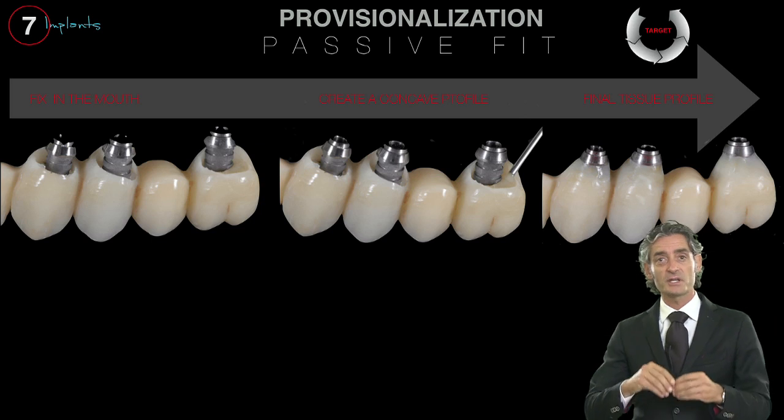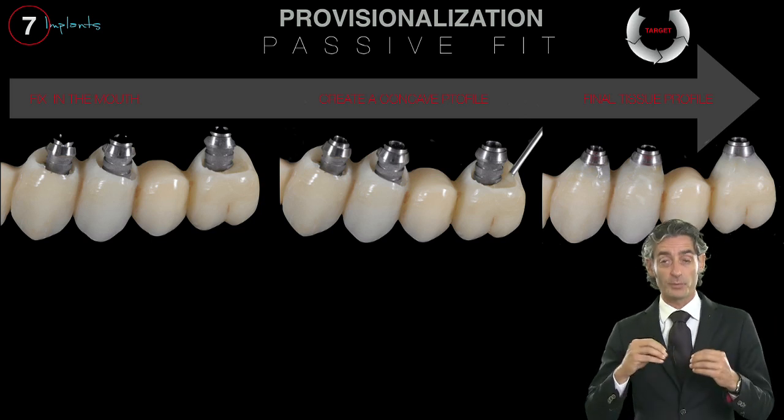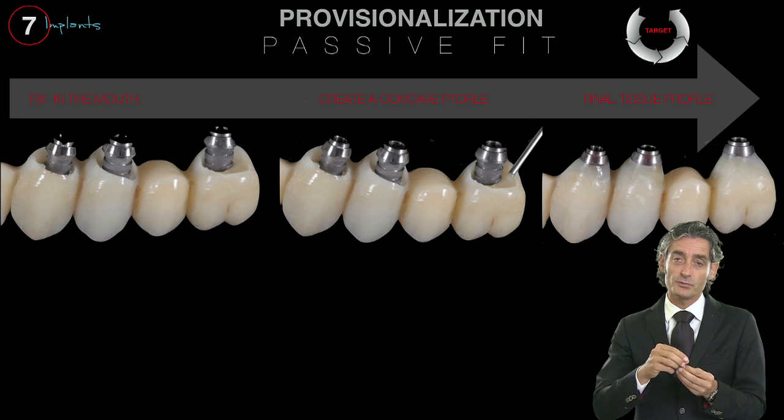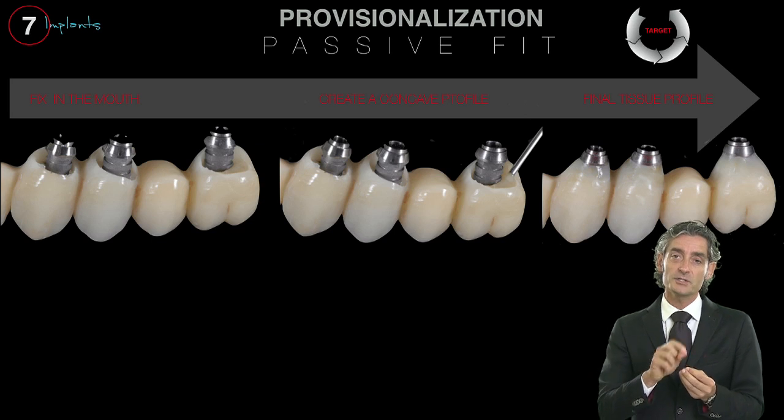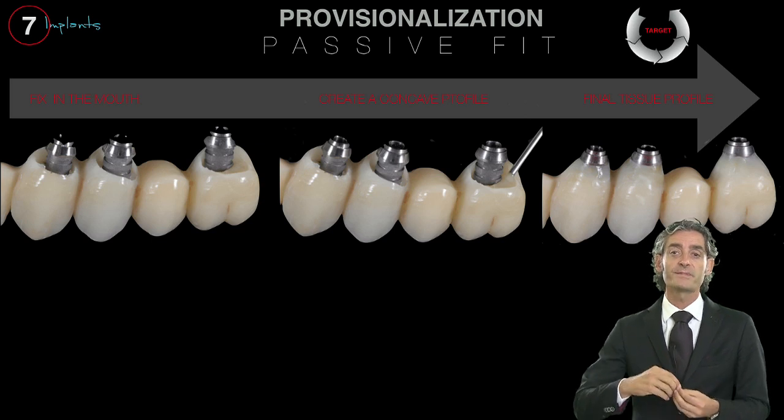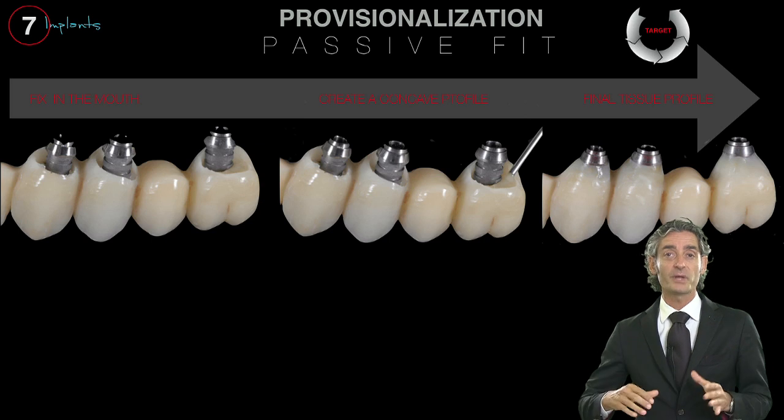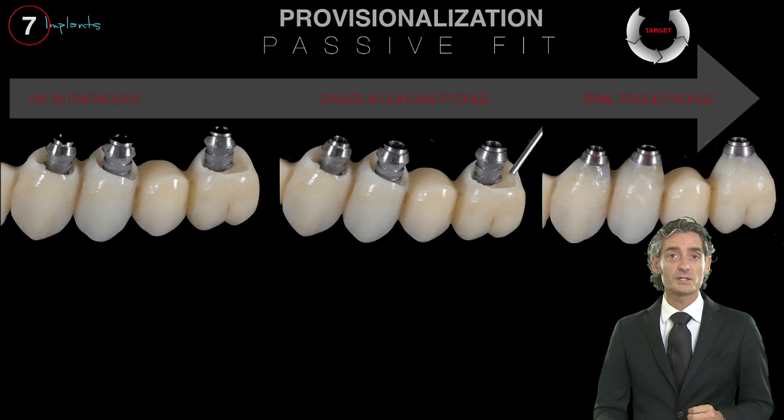And so after we take off this provisional restoration, fixed through the use of this little part of acrylic, we can finish out of the mouth, creating this smooth surface for our tissue.